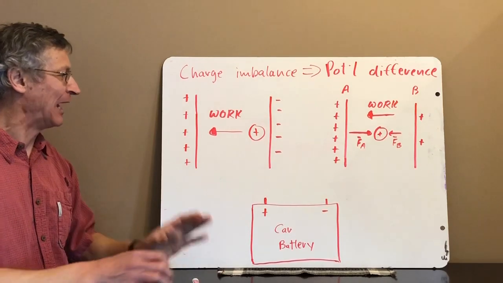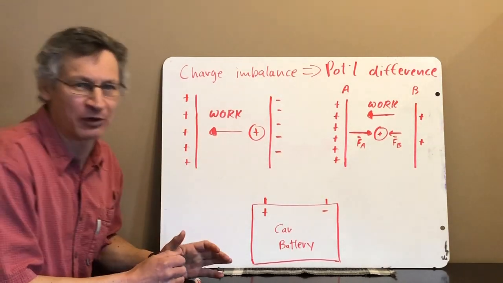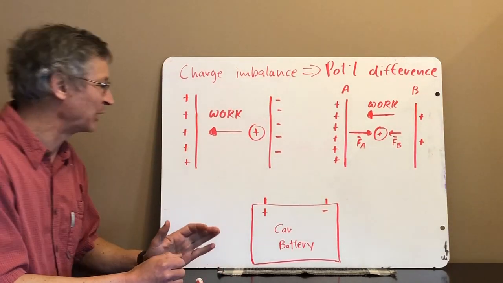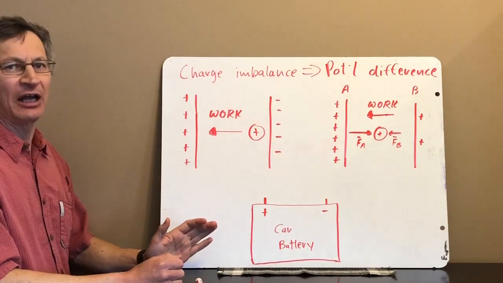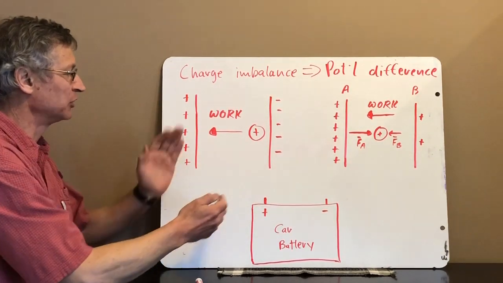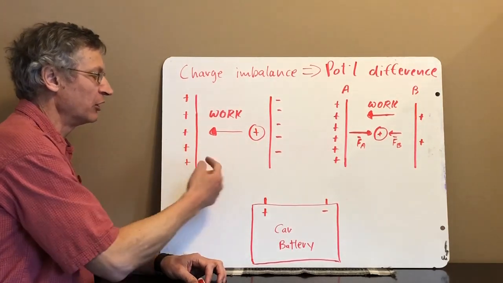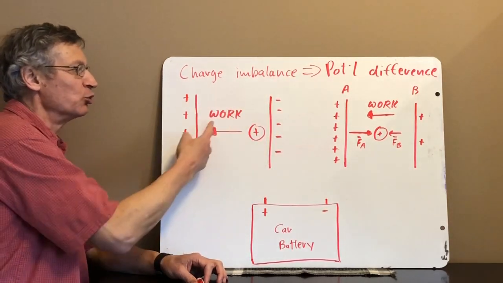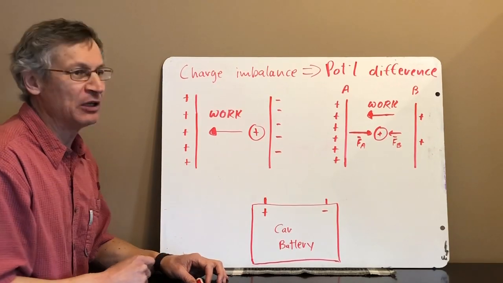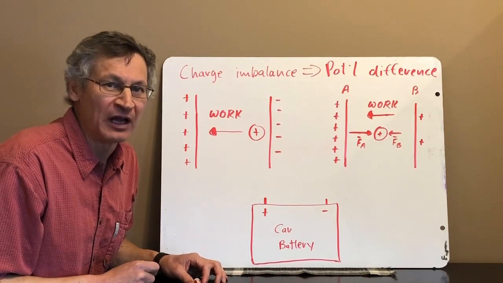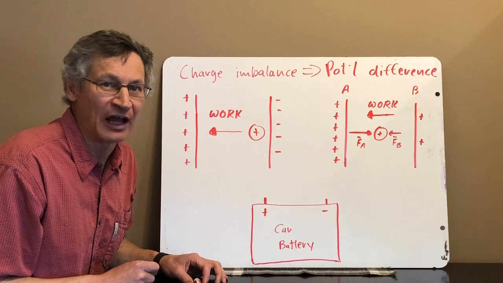Here's your classic potential difference. It's again our favorite piece of electrical apparatus, a pair of oppositely charged plates, negative plate, positive plate, and obviously to move a positive charge from here to here, you're going to have to do work on it. But you don't have to have positive and negative charges to have a charge imbalance.